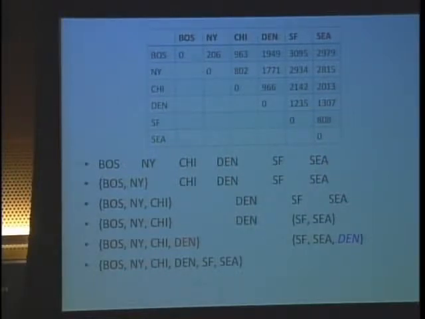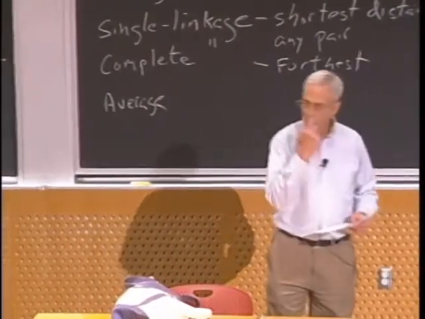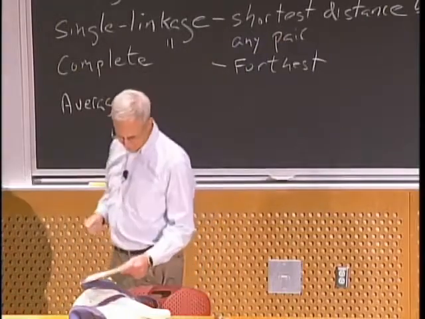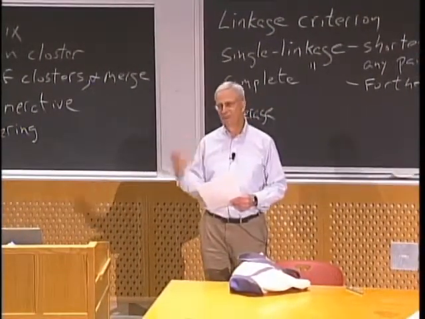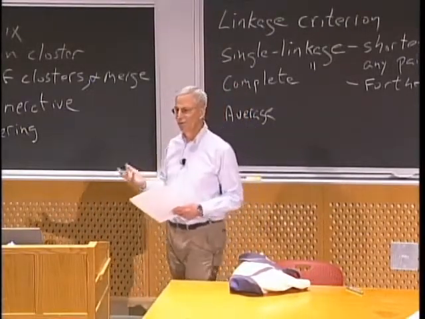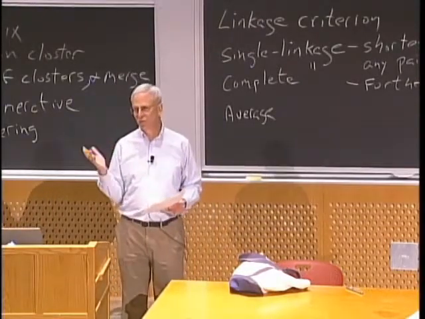This technique is used a lot. It does have some weaknesses. One weakness is it's very time-consuming. It doesn't scale well. The complexity is at least order n squared, where n is the number of points to be clustered.